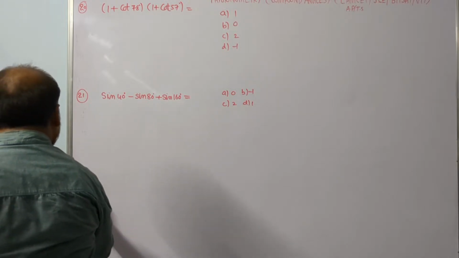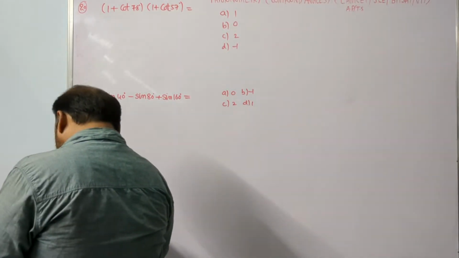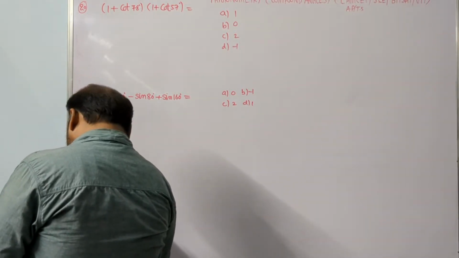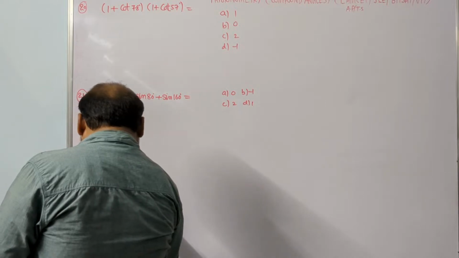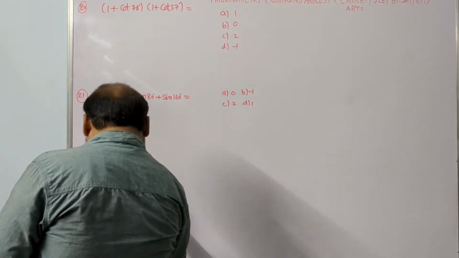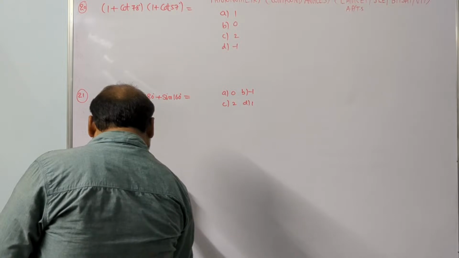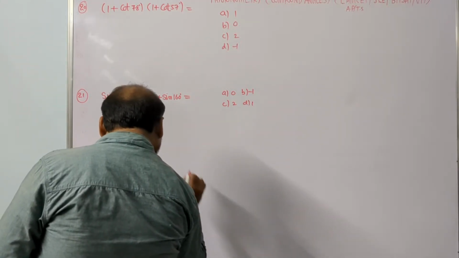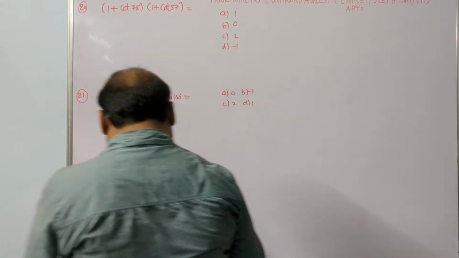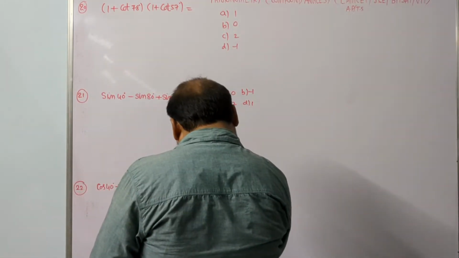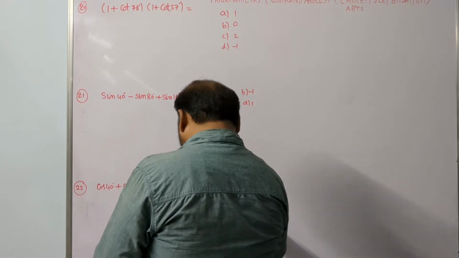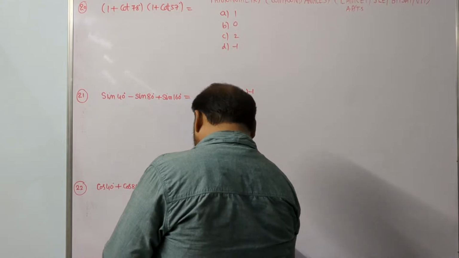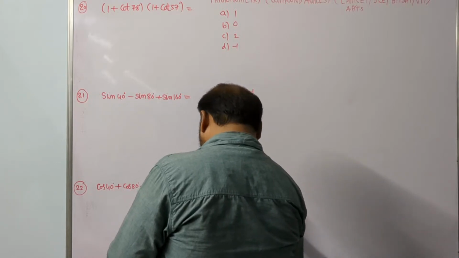Question number 22, here only I will write it. Cos 40 plus cos 80 plus cos 160 plus cos 240 is equal to. So options 0, 1, 1 by 2, minus 1 by 2.